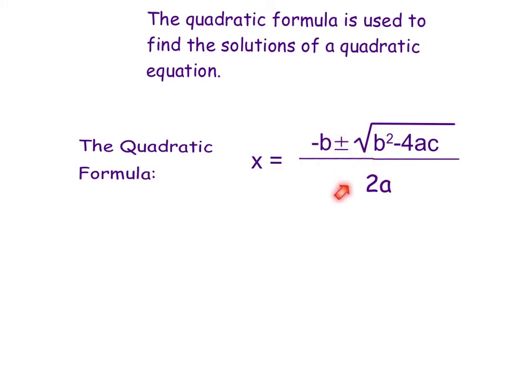It's the x-coordinate of the vertex when we're graphing. And this is the discriminant, and we're going to be talking about what that tells us too. Remember, if you take the square root of a positive, how many solutions do you have? Of a negative, how many solutions do you have? Of 0, how many solutions do you have?